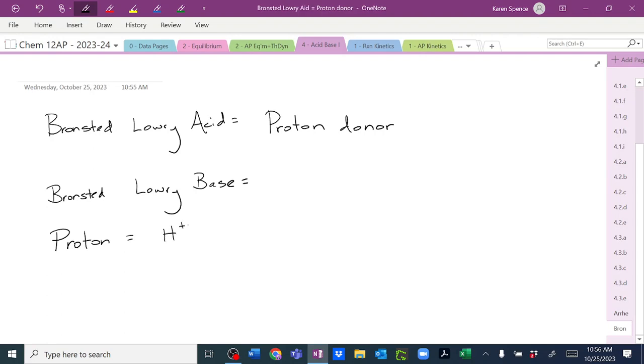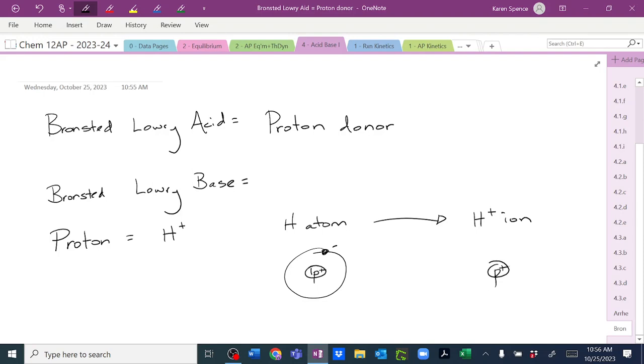H plus, because remember, if you have a hydrogen atom, you have one proton in the nucleus and one electron. When it becomes the H plus ion, what were we left with? Just a proton. Okay, and that's why we call the H plus ion a proton.